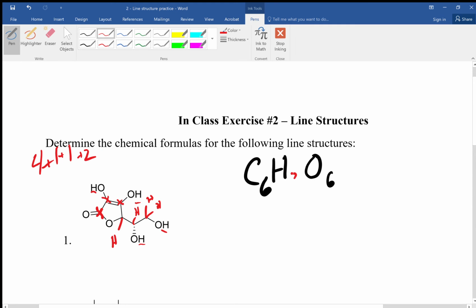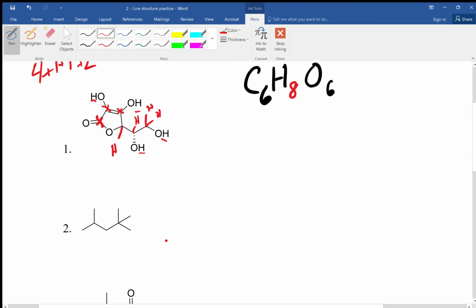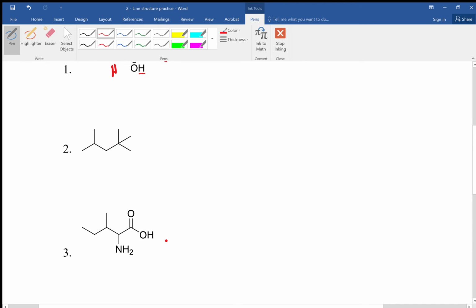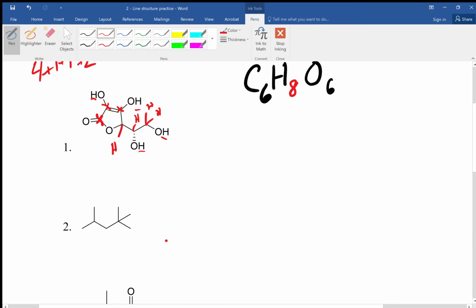And so we have a total of 8 hydrogens in this molecule. And this molecule, if you're wondering, anyone know what this molecule is? This is vitamin C.